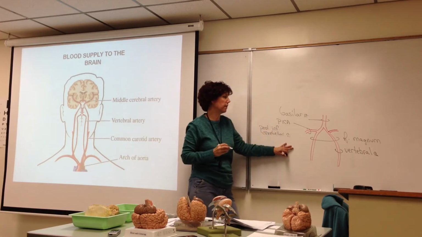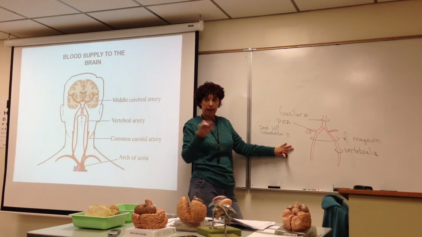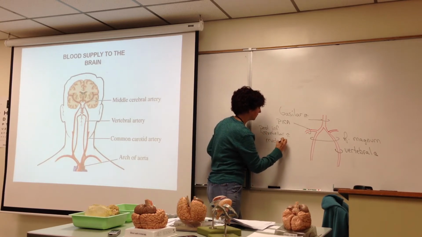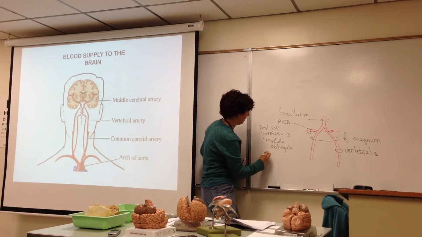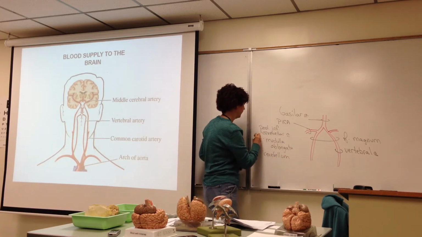And this is important because it supplies regions of the brainstem that are necessary for reflexes for life. Okay, this is going to go primarily to the medulla, and also to the cerebellum, as it says in its name. But the key aspect is to the medulla.